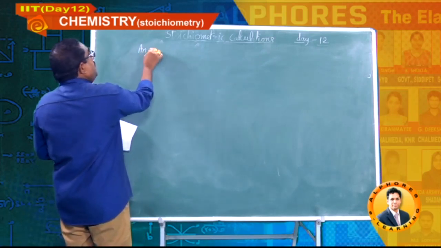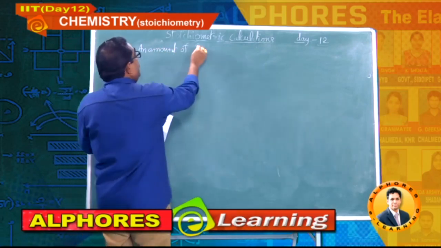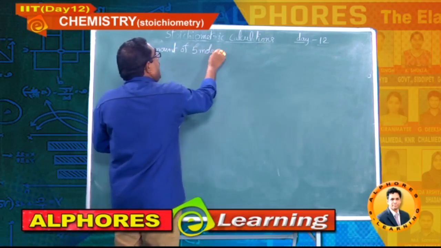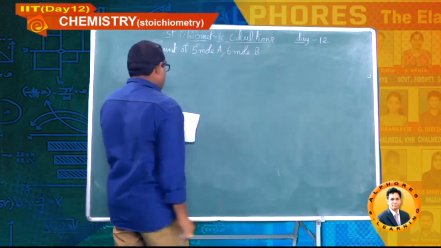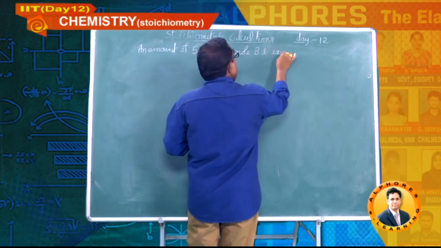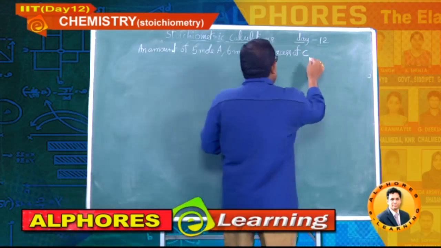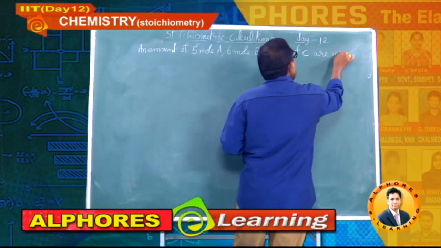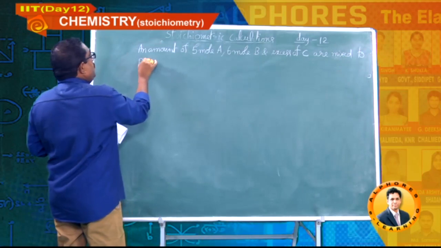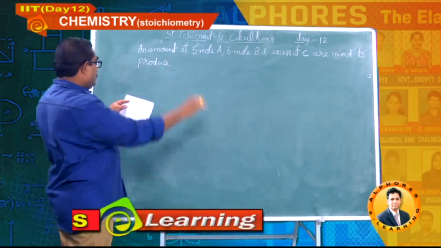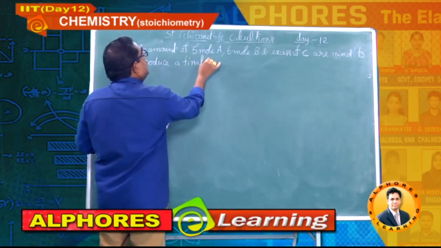Write down. An amount of 5 mole A, 6 mole B and excess of C are mixed to produce a final product D, according to two equations he has given.